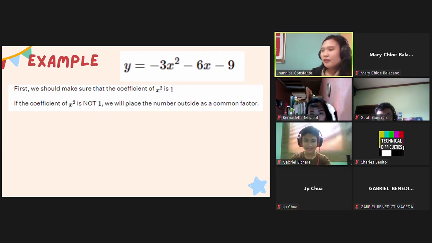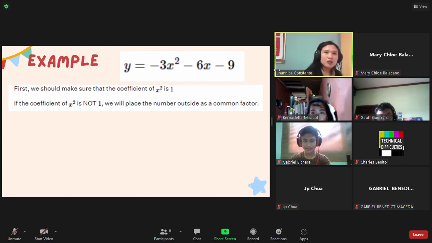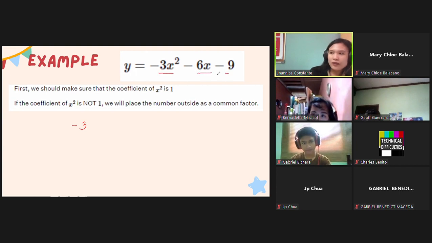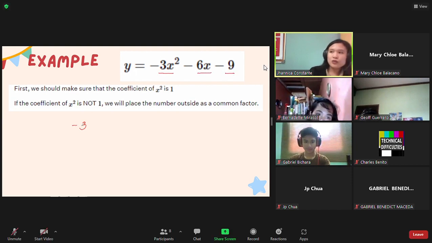If the coefficient of the leading term is not 1, separate that coefficient when transforming from standard to vertex form. Their common factor is -3, common to the first term, the second term, and the last term in our quadratic function. So put aside the common factor.